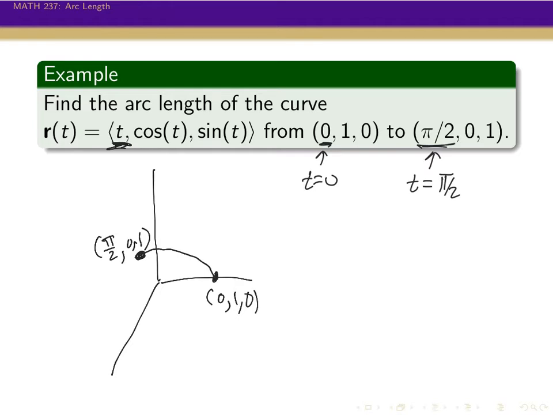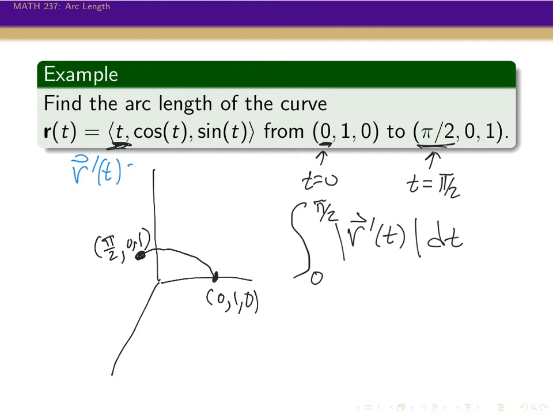And so the integral that we're working out is 0 to pi over 2 of the magnitude of r prime dt. We need to figure out what r prime is, but that's just doing the derivative component by component.